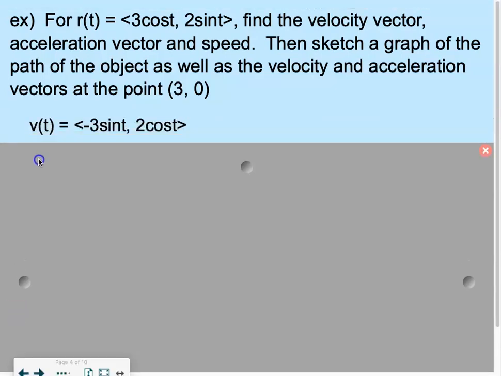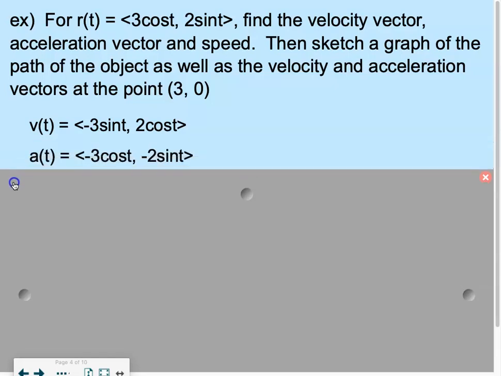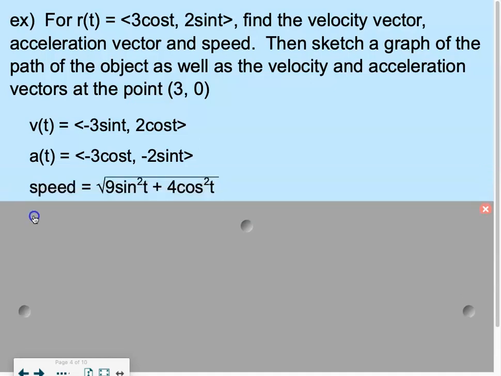All right. So velocity, the derivative of position, is -3 sine t, 2 cosine t. Any questions on that? Acceleration, the derivative of velocity, is -3 cosine t, -2 sine t. Any questions on that one? Speed is the magnitude of the velocity. So speed would be the square root of 9 sine squared plus 4 cosine squared.